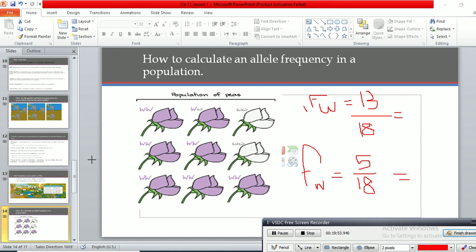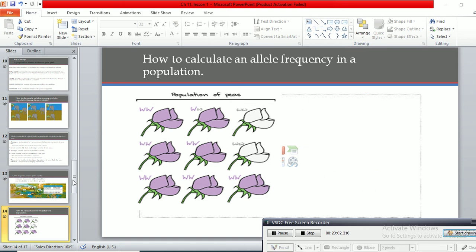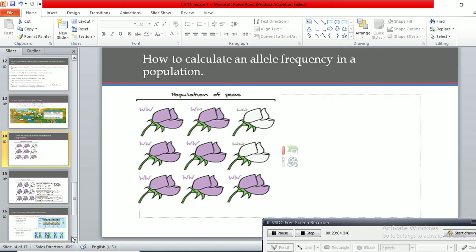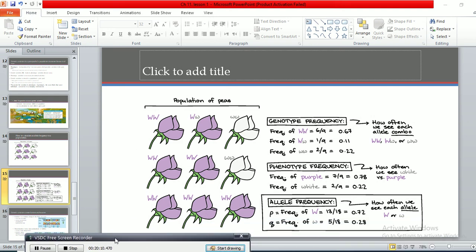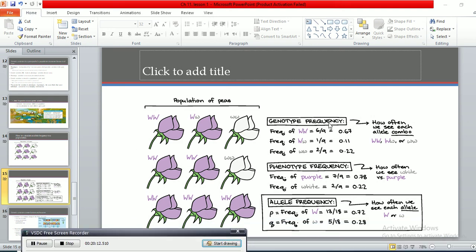Okay, here I want to show you. Okay, finished drawing. Here the whole calculation is written for you. Here the genotype frequency.